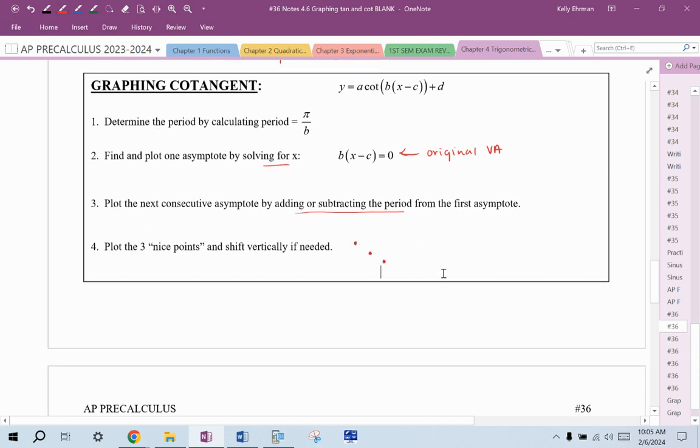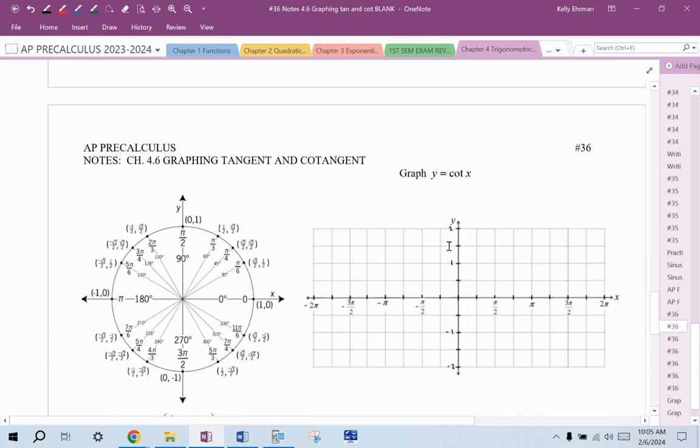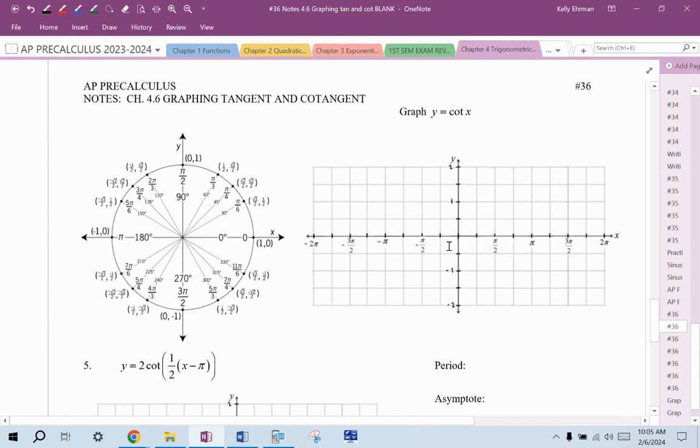So let's take a look at the cotangent graph from our unit circle before we get into transformations. We'll make a chart just like we did for tangent. This is cotangent. Remember, cotangent is x over y on the unit circle. If we start at 0, 1 divided by 0 is undefined, so undefined right off the bat.